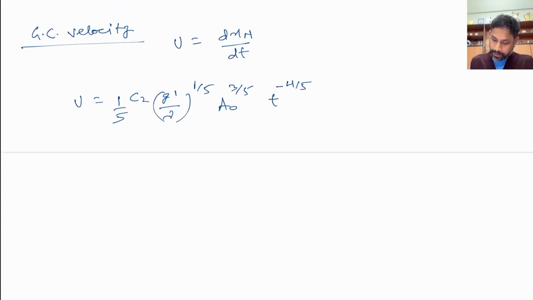In other words, we can pull the t to the power 4 by 5 here, and that will replace this one. So this is the gravity current velocity.